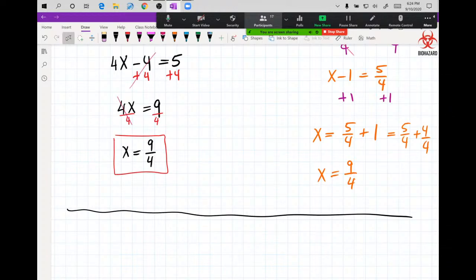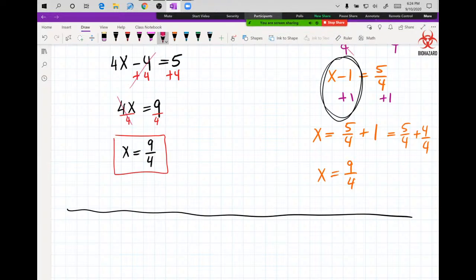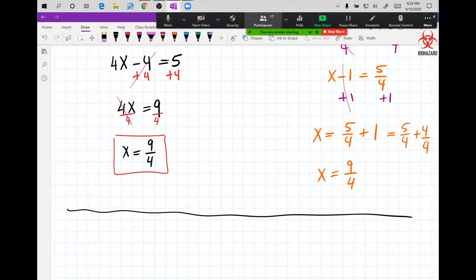But we remember that we need x alone, so I had to add 1 to both sides to kill off this 1 right here. No, it's added to the whole fraction.